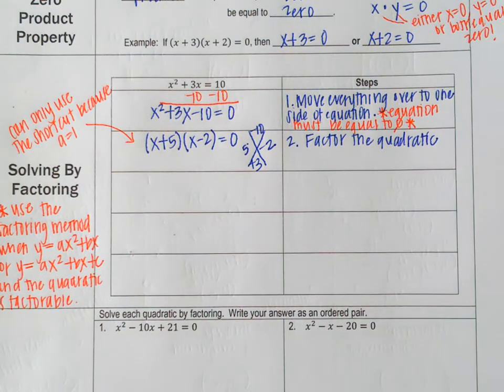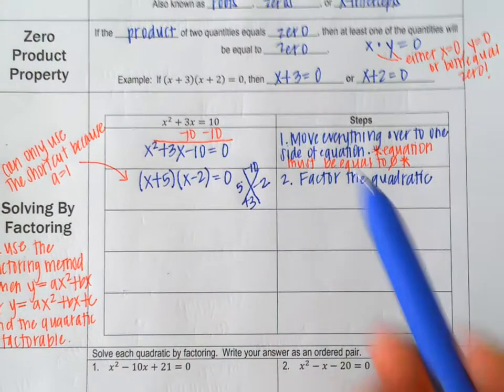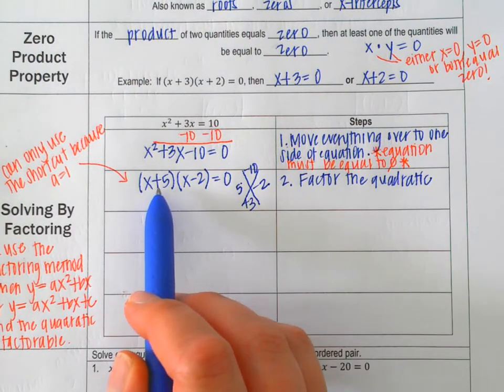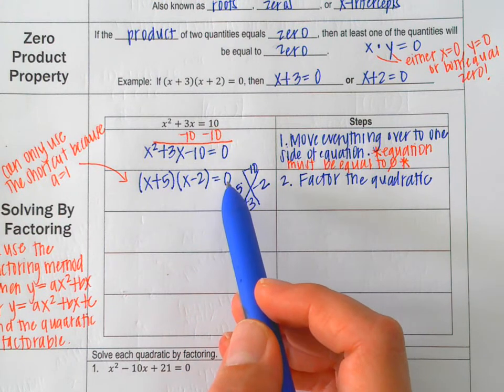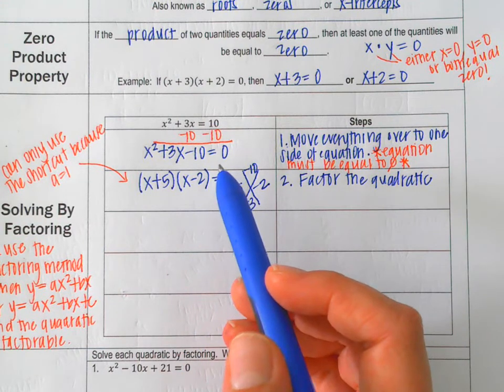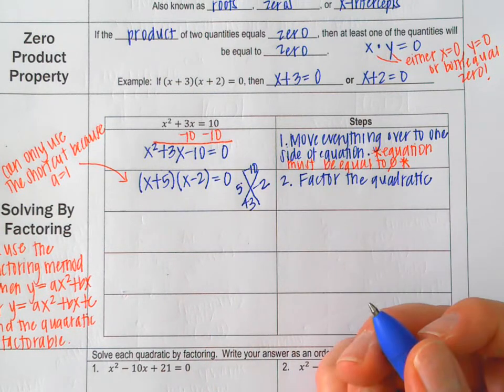So after we've factored the quadratic, this is when the zero product property comes into play. Because x plus 5 times x minus 2 equals 0, that tells me one of the quantities or both of the quantities can be equal to 0.